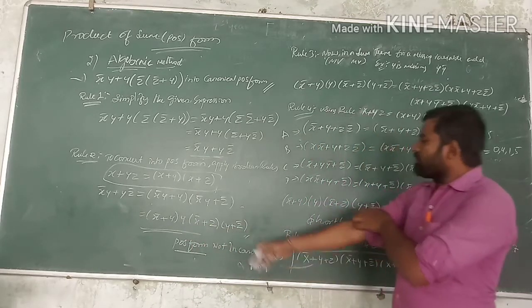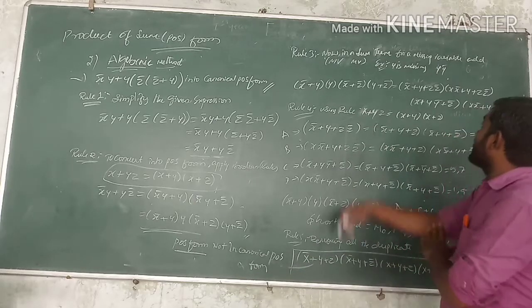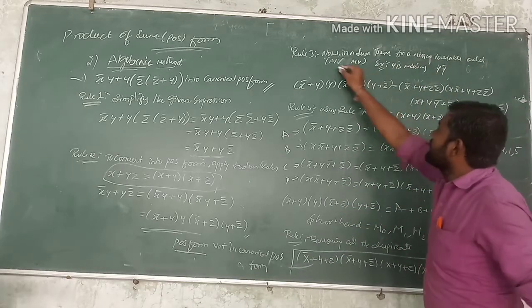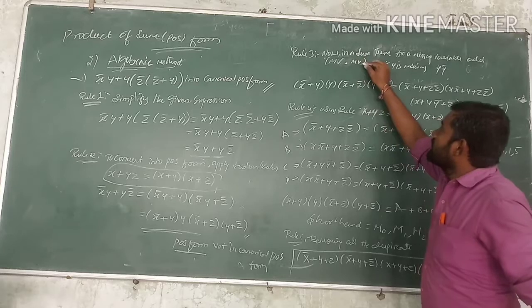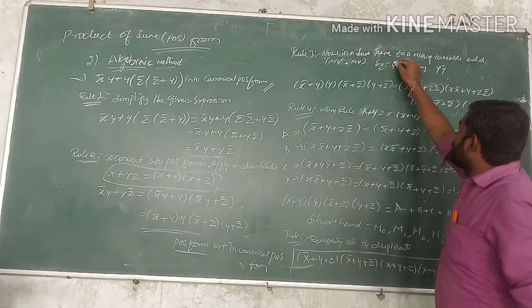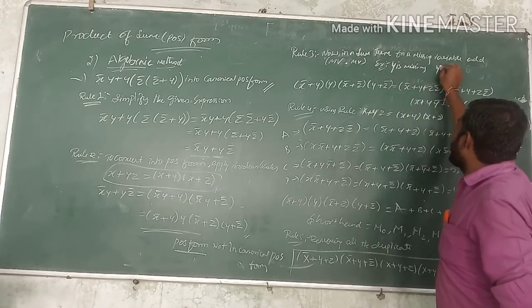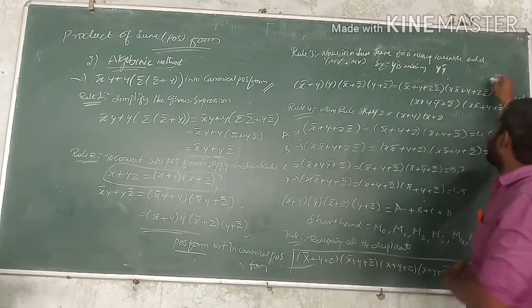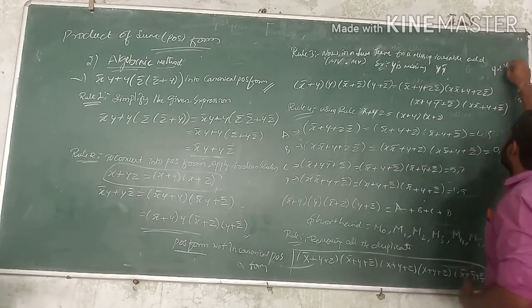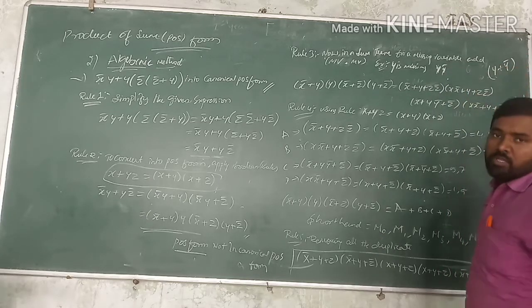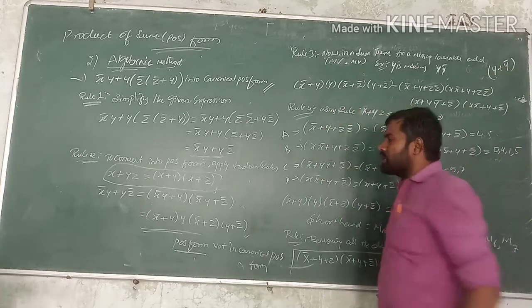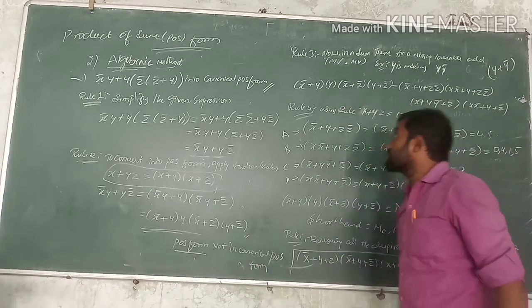In that place, we need to add the missing variable dot missing variable complement. Example, if y is missing, then you should use y into y complement, as we did in the min term, y plus y complement. Like this, we need to add the term into the obtained POS equation.